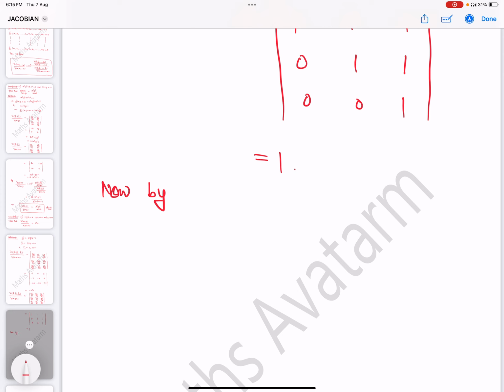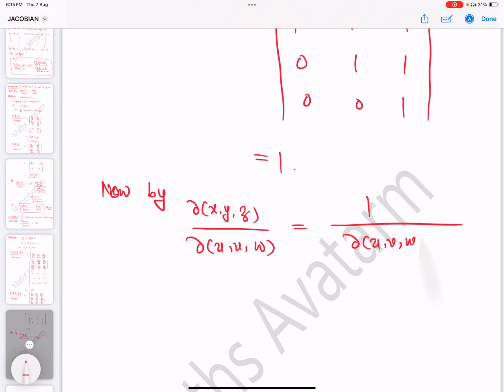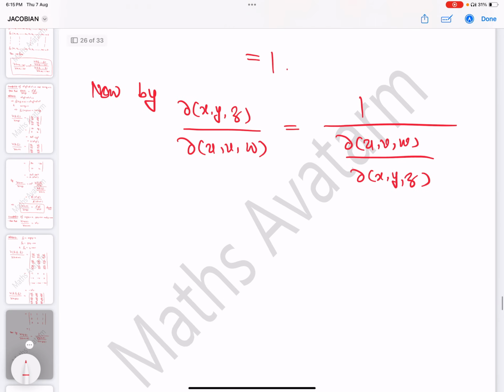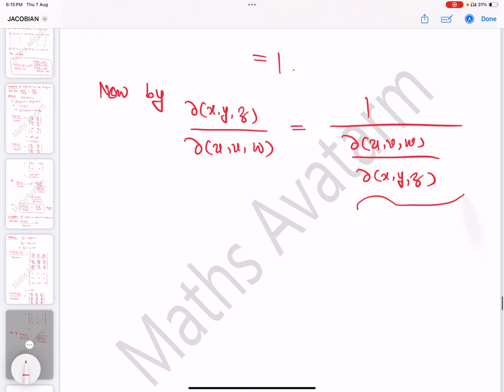Now, by this formula, del (x, y, z) with respect to (u, v, w) is nothing but 1 upon del (u, v, w) upon (x, y, z). Now, this formula we know. What is this formula?